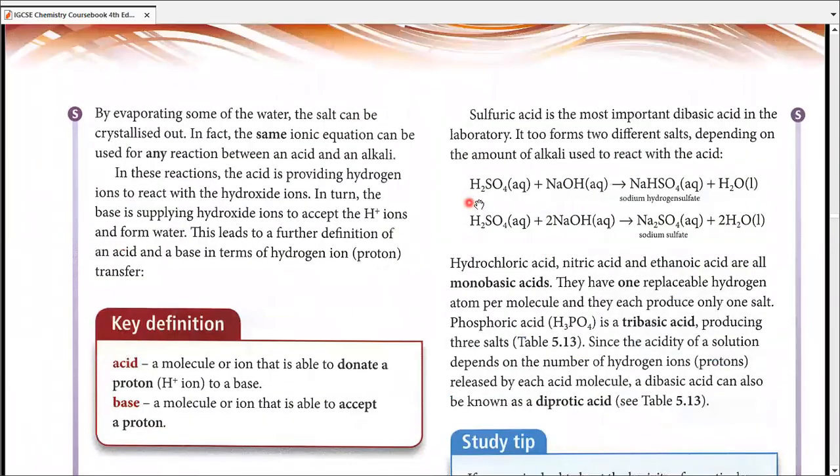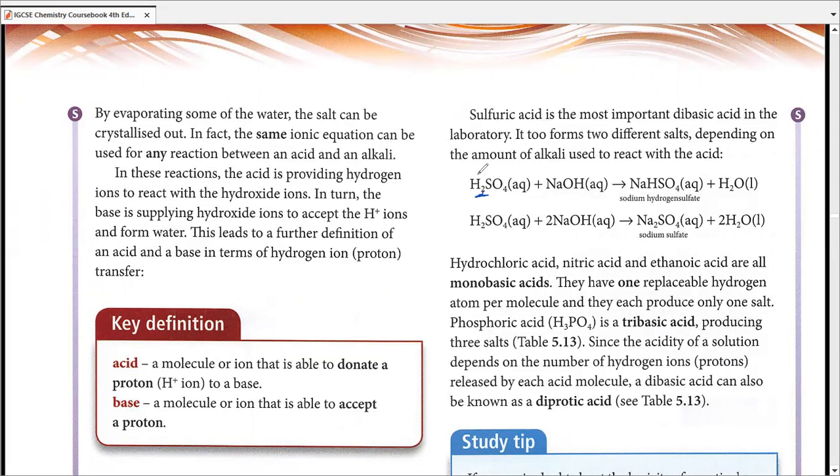Take a look. Sulfuric acid is a diprotic acid. It can give us two hydrogen ions per molecule. And as you can see, the formula also consists of two hydrogen ions per molecule. When it is going to react with an alkali, this is going to happen in a step-by-step process. NaOH is going to react with one hydrogen ion at a time. Take a look. We take one hydrogen ion out of it.